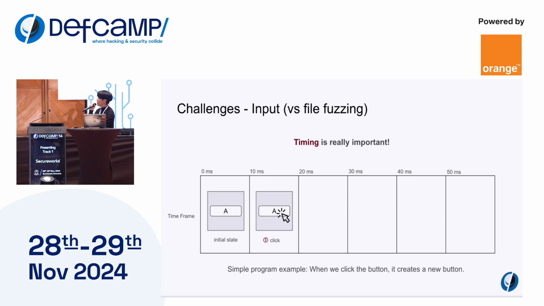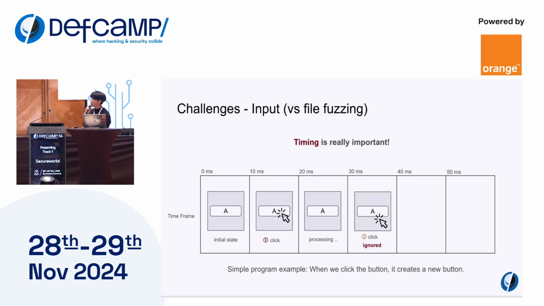The initial state is the same, and clicking button A at 10 milliseconds is also the same. But here's the difference. The click should be processed within 10 milliseconds, but it is not. At 20 milliseconds, it's still processing our click, and we don't know exactly when it will finish.